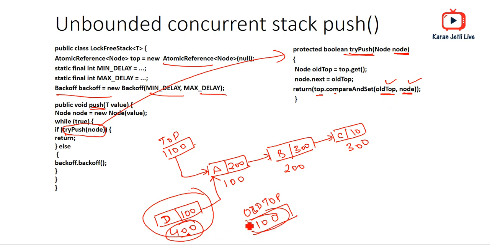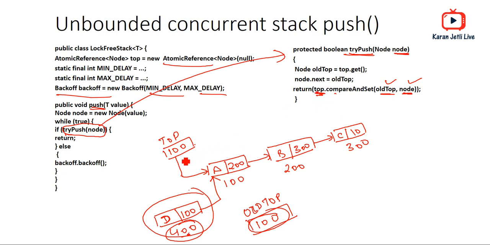If they both are the same, then it will not do anything. If they are different, then it will change the value. Okay, replace the value of these two with the value of top.